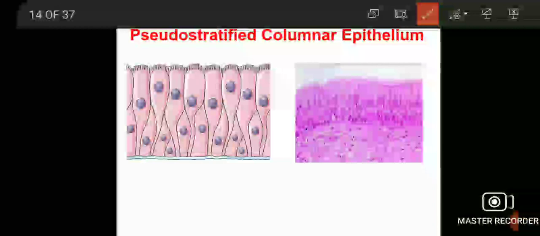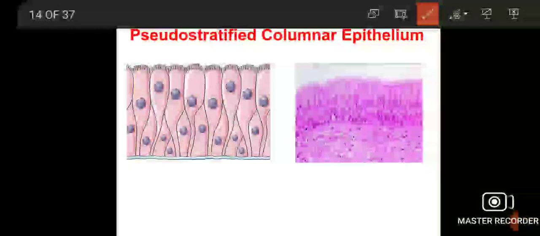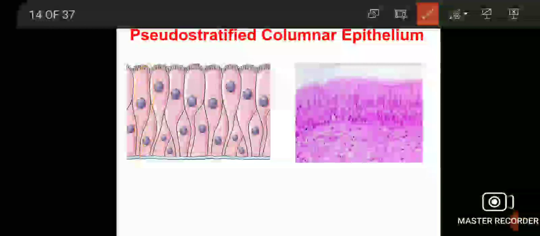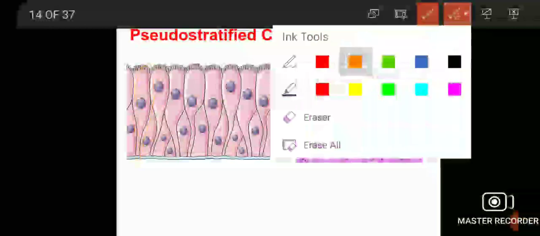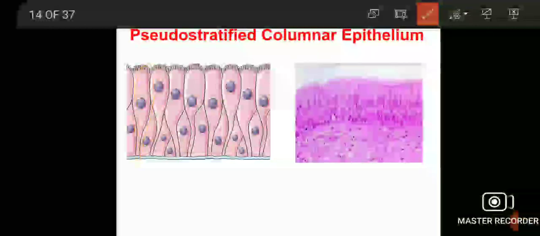Here they are present. These ones are the tall columnar cells, and the basal cells, these basal cells. Okay, the tall columnar cells are wider in the apical part and the basal cells are wider in the basal part.